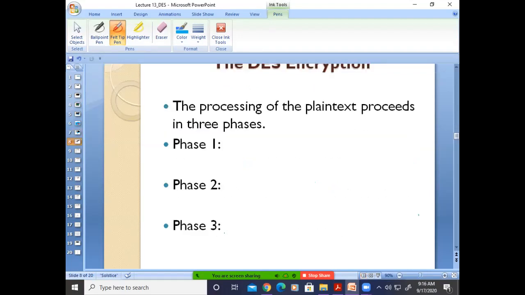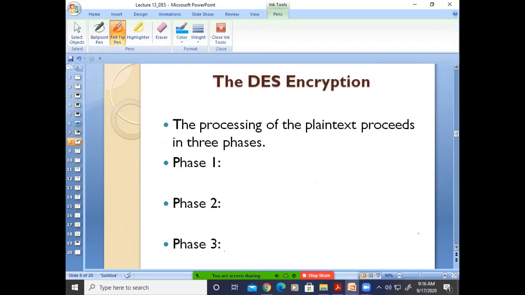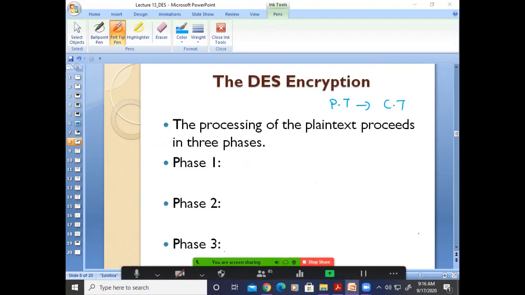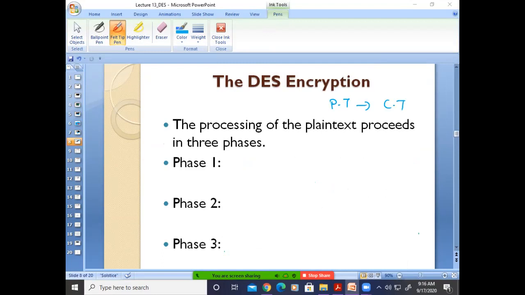Now, what is happening in DES encryption? How will the plain text be converted into ciphertext? It will have 3 phases. I will explain phase 1, phase 2, phase 3, then we will see the block diagram.